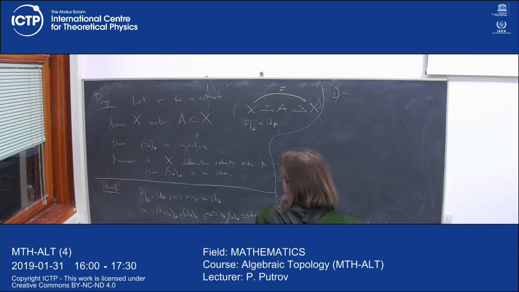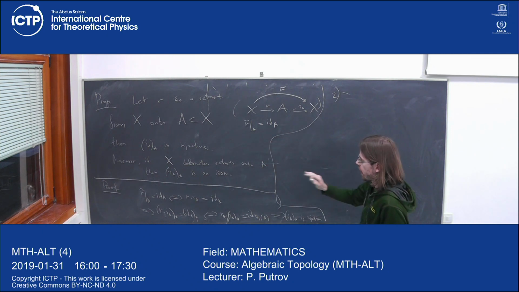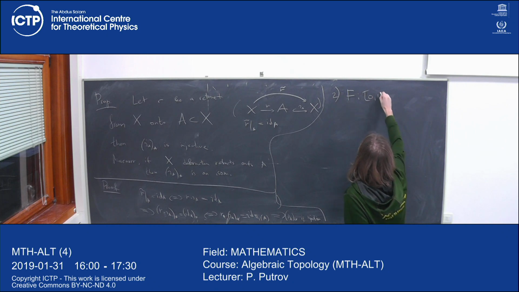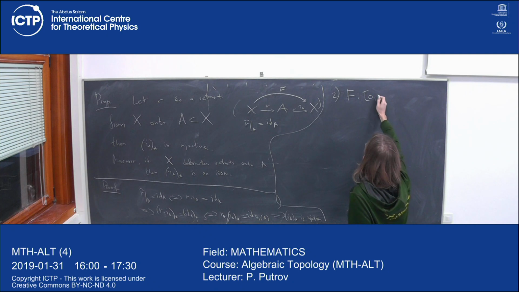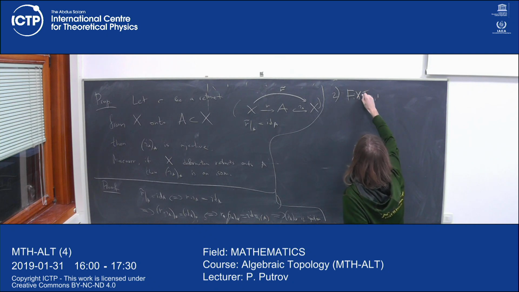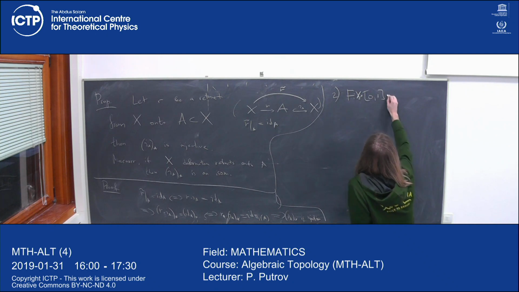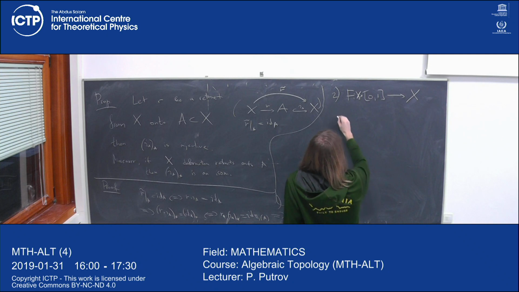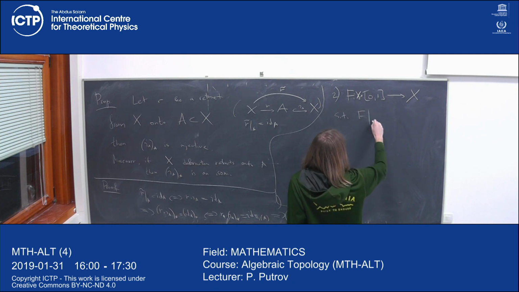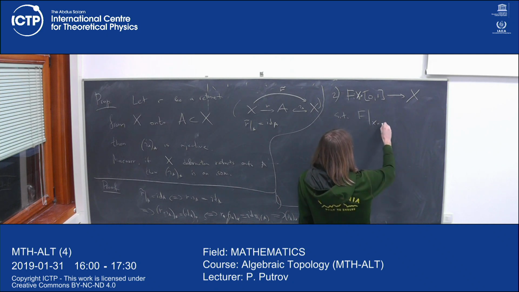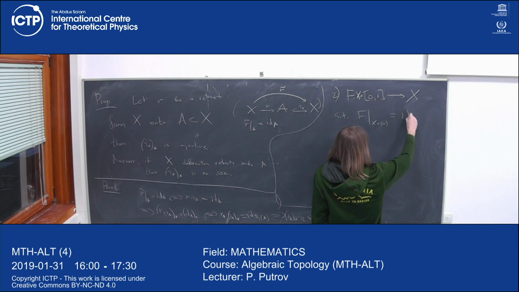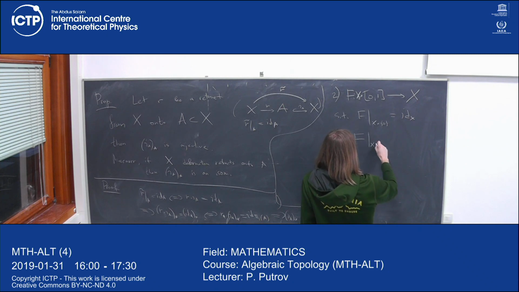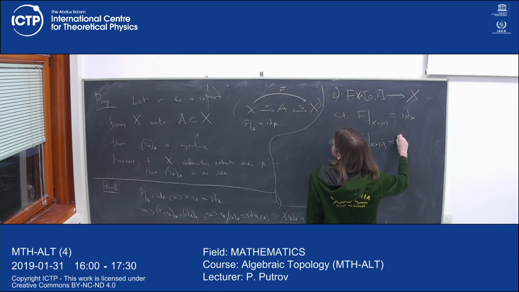So now the second part. Assume that there's a deformation retract from X onto A. Explicitly, this means there is a function F from X times the interval to X such that F restricted to X times 0 is the identity on X, and F restricted to X times 1 is R tilde.